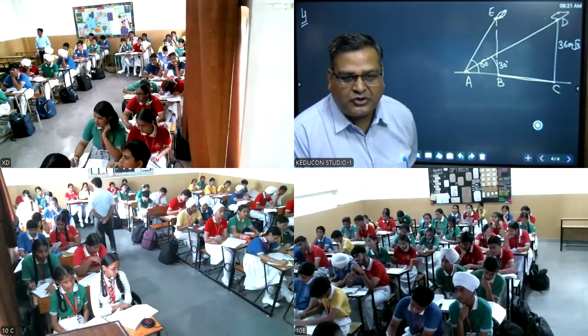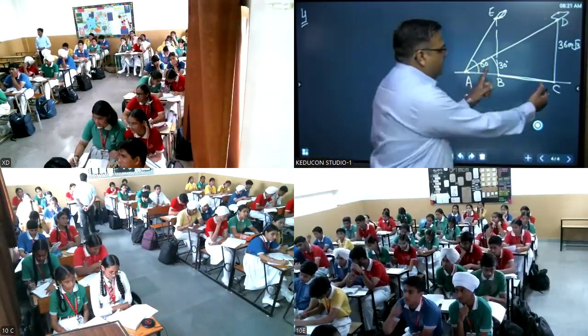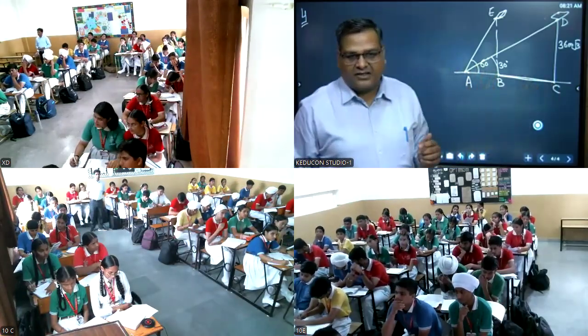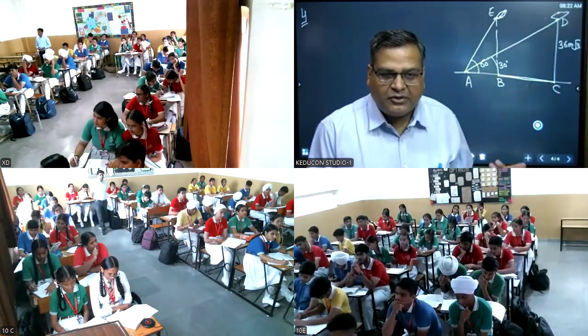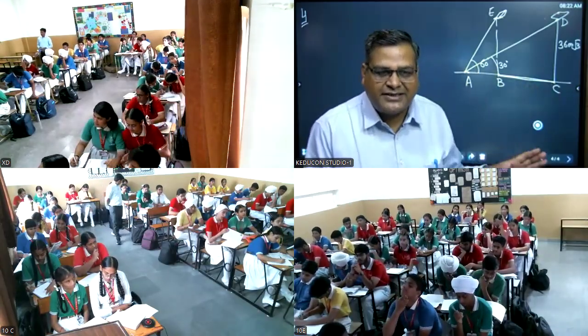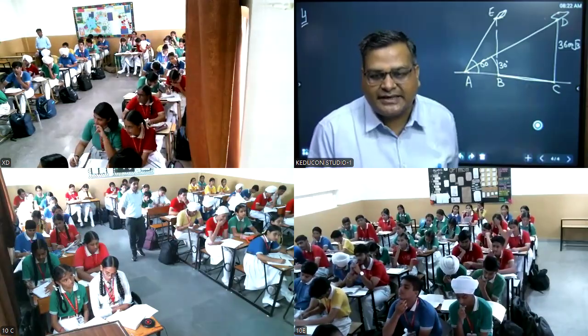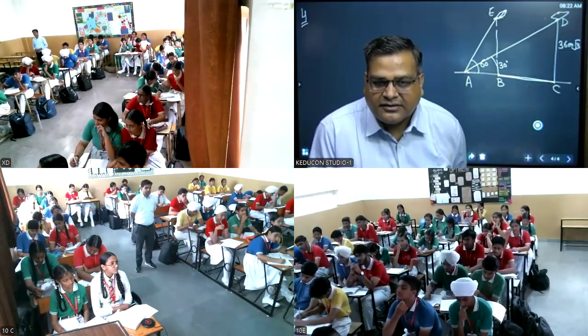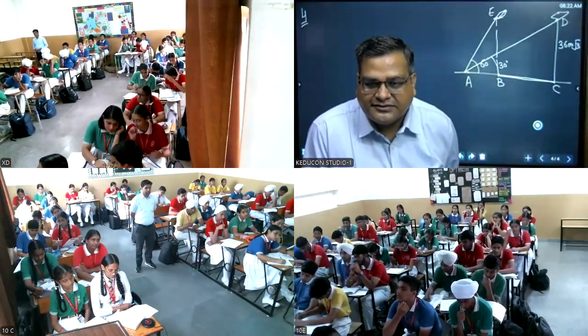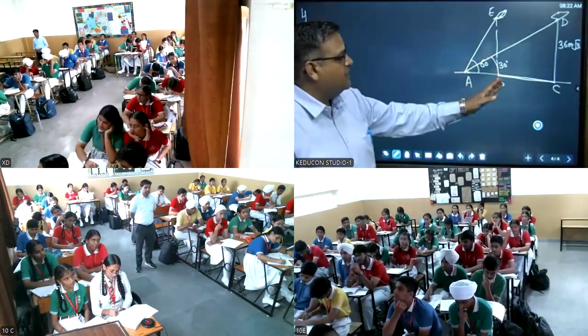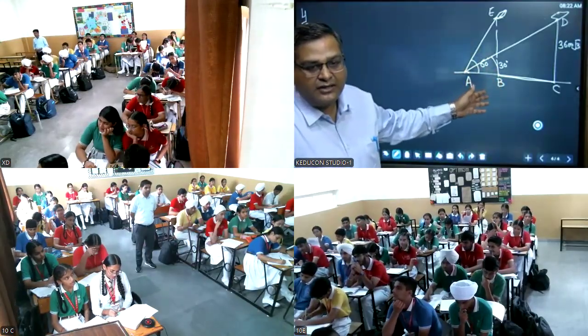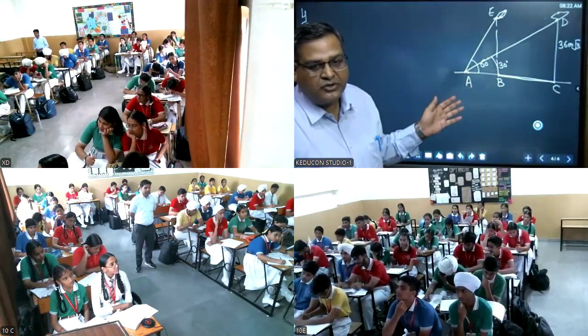Are you getting this or not? If we can find out this distance BC, now we have distance, we have time. Because we know that this distance BC has been covered in 30 seconds. Right or not? So if we can find out BC, we'll come to know about the, what do we come to know?